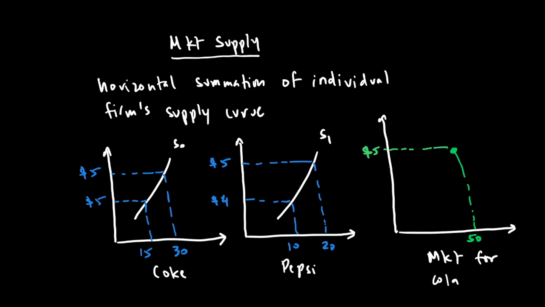And similarly, at $4, the market is making 15 plus 10, which is going to be 25. So if I join the two points together, this is my market supply curve, which is a horizontal summation of individual firms' supply curves.